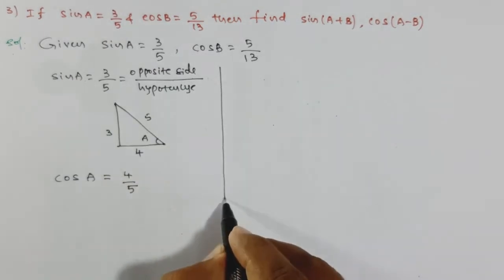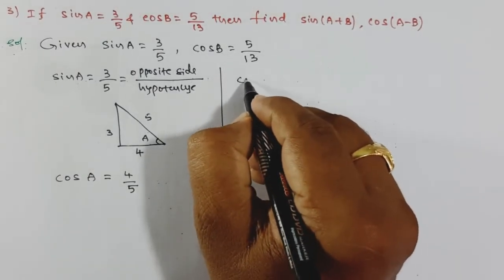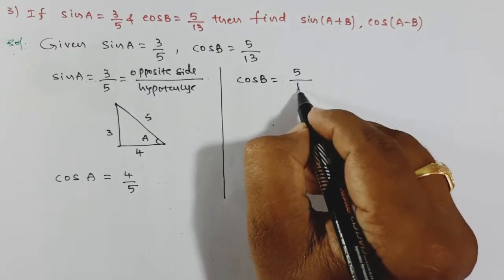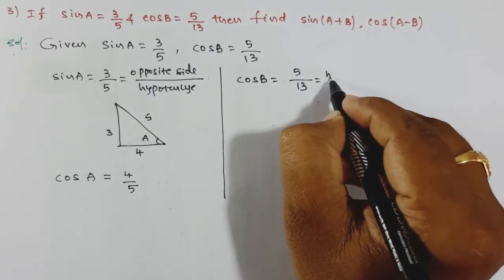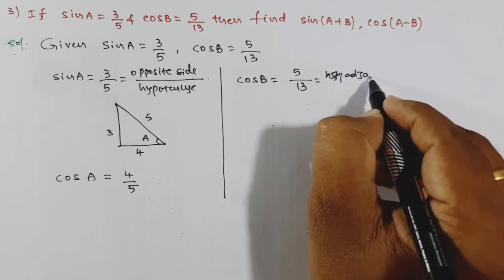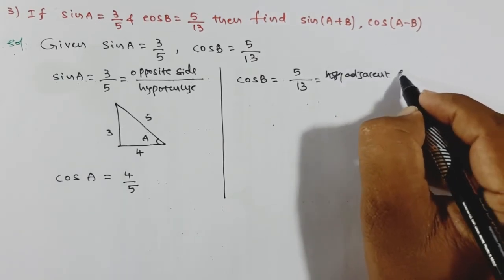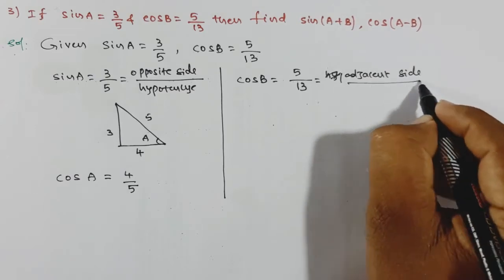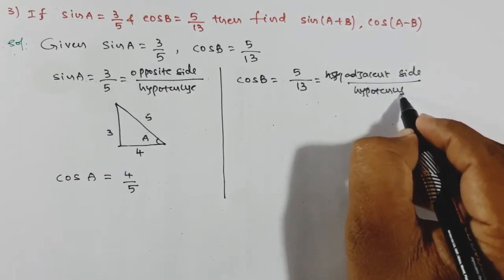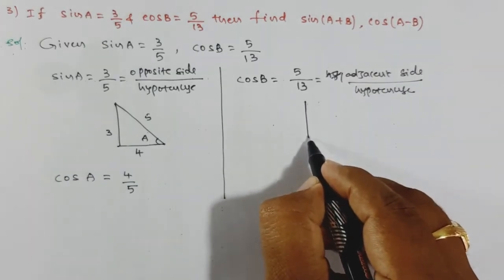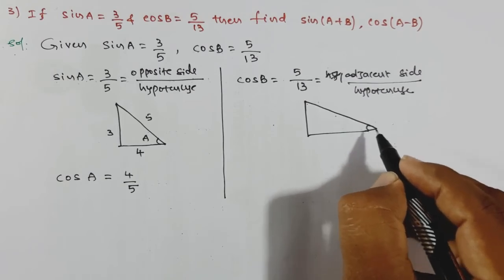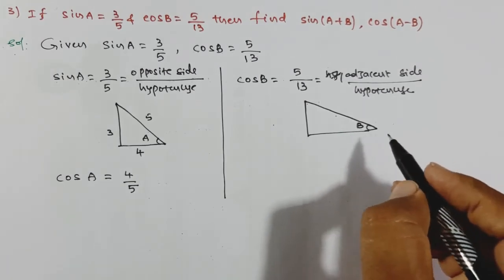Next we have to find sin B using cos B. Cos B equal to 5 by 13, that is adjacent side by hypotenuse. Using the Pythagoras theorem, hypotenuse square equals adjacent square plus opposite square.